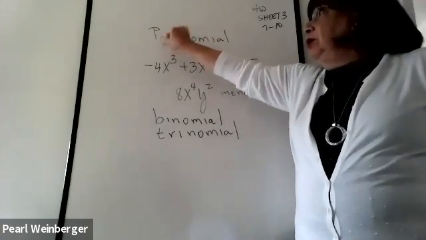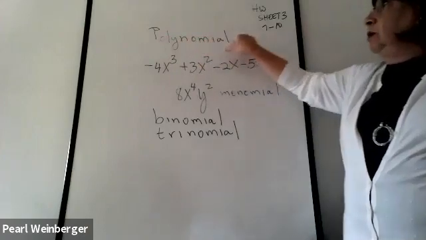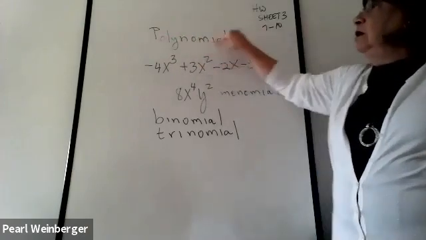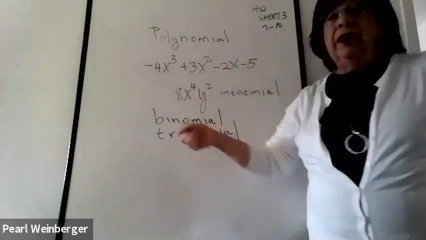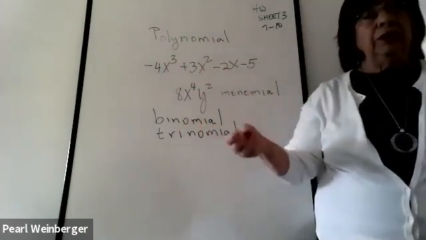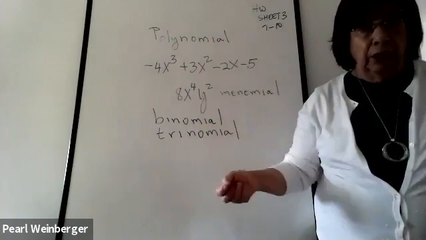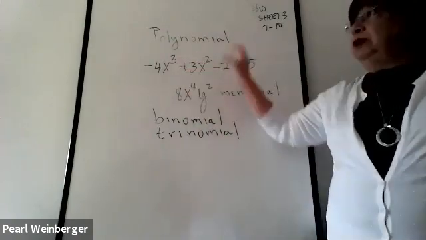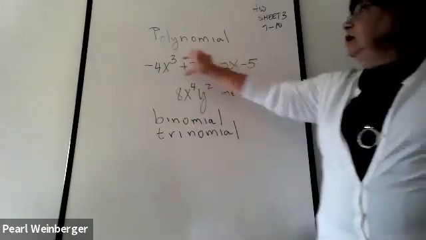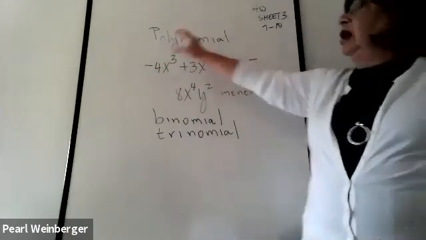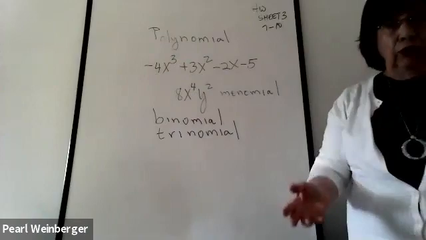Poly means more than one. Nomio means a number, more than one number. Remember, even though there are letters here, those letters are representative of numbers. So really all we're talking about in algebra is about numbers, and here a polynomial has a bunch of numbers that we're either adding or subtracting.